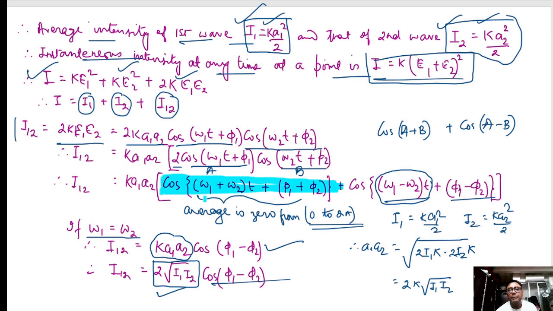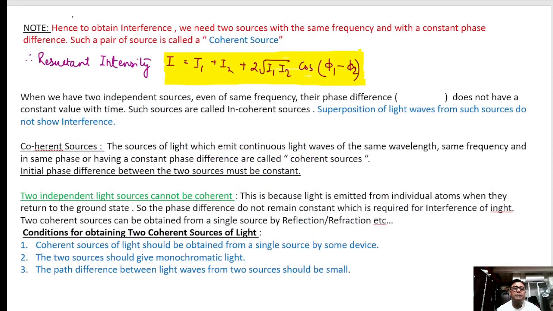And in the second part, if omega 1 is equal to omega 2, this is 0, so only this part remains. So this is what we are getting, I12, the intensity of one due to the other. That means our equation gets transformed into this.